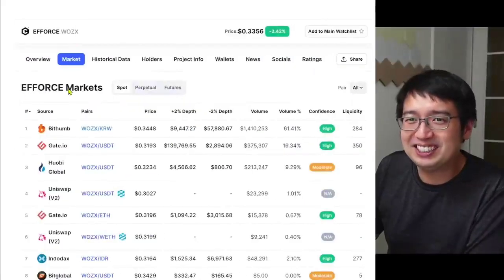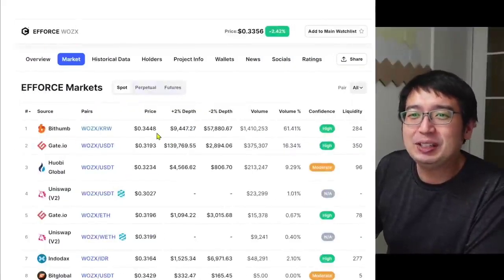You buy the coin at a lower price on a different exchange, you move it over to the exchange with the higher price, you sell it there. That is essentially the principles of arbitrage, and we're going to take a look at an example here.